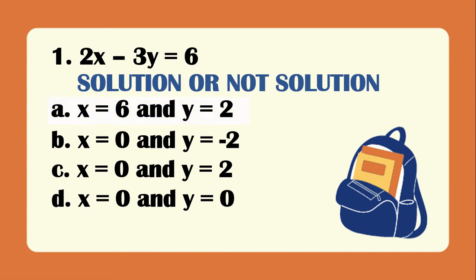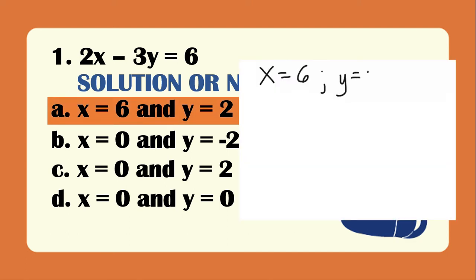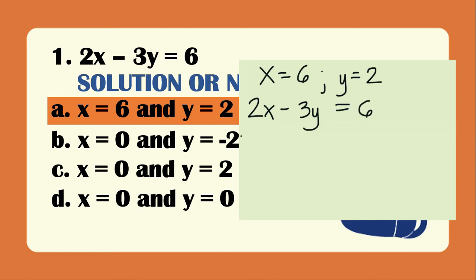So let us have letter A. X is 6 and y is 2. And then we will use the given linear equation 2x minus 3y equals 6. We will substitute the value of x.